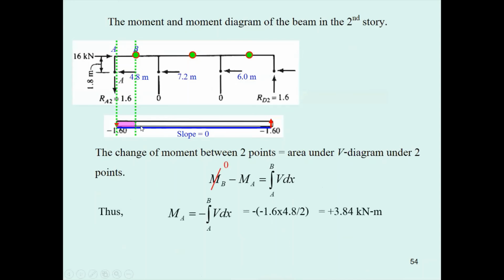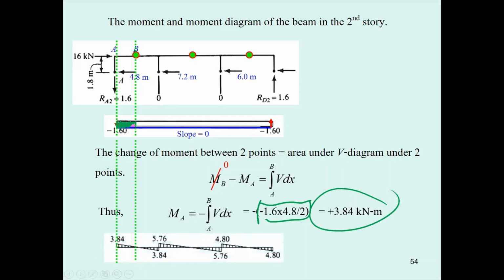We get this based upon this one. The moment here is 0. We find the moment at A, which is equal to the area over here. You get 3.84, and this one is minus 3.84. This one is plus 5.76, this one is minus.